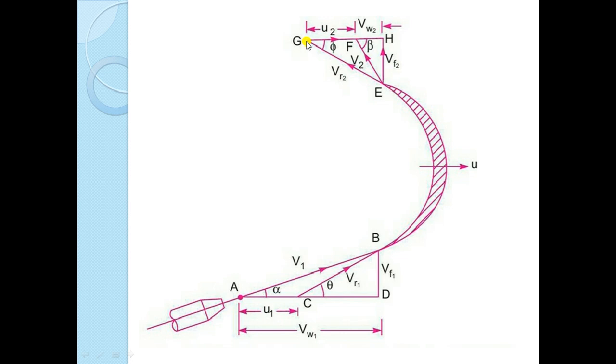Now from G, represent the vane velocity at outlet, which is U2, in both magnitude as well as direction. Now EF represents the absolute velocity of jet at outlet, and EH represents the perpendicular component, that is velocity of flow at outlet, and FH represents the velocity of whirl at outlet.